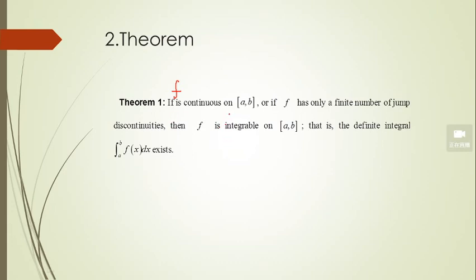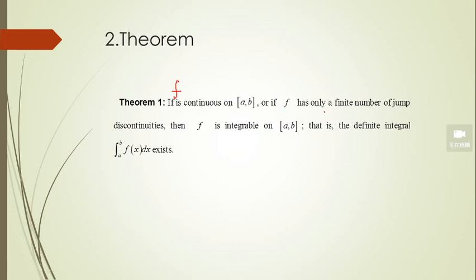F is continuous, and we have already known from chapter 1 in calculus, continuity is a very good property, right? Continuity in the graph of a function is easy to tell. There is no jump, there is no hole, there is no break. It's all connected everywhere from a to b. That is called continuous.